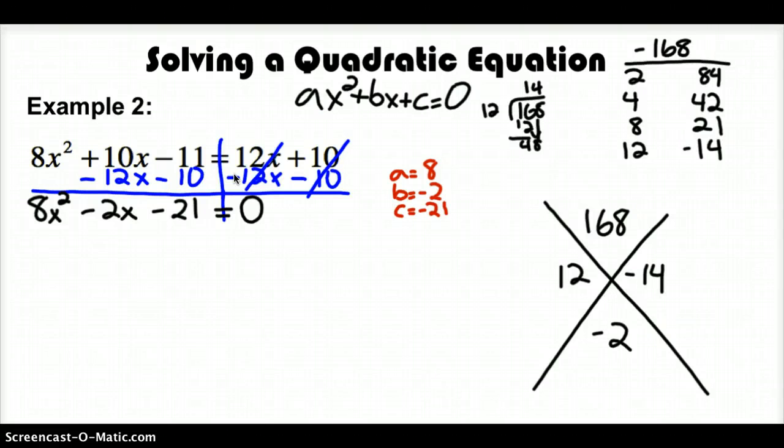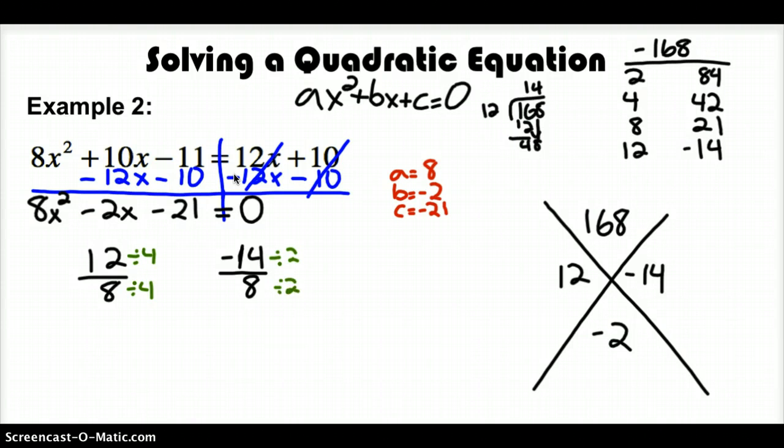We can see that this is going to get a little bit more difficult. So again, I'm going to write out my numbers, 12 and negative 14. I'll divide by my a value, which is 8, and then reduce my fractions. On this one, I'll divide both the top and the bottom by 4. This one I can divide both the top and the bottom by 2.